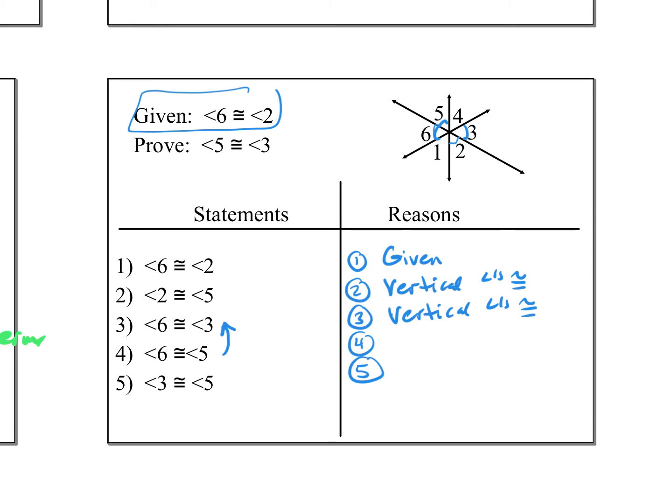Transitive, because 5 to 2. I think a lot of you got 6 congruent to 2. 2 is congruent to 5. So 6 is congruent to 5. Does everyone see that? So that is the transitive property.